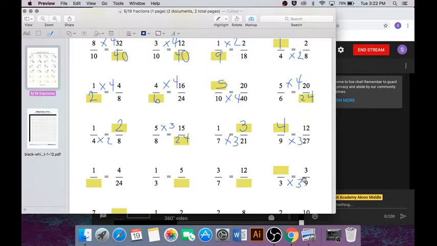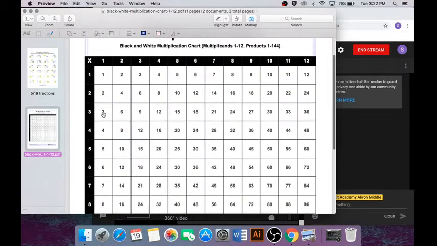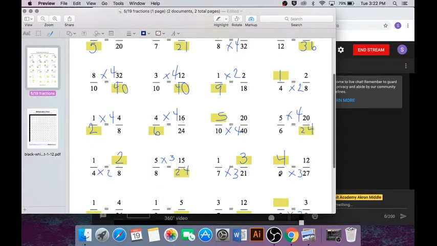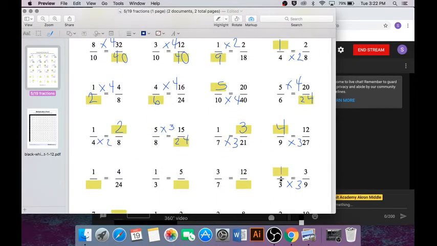Okay, so now we're going to use our 3 times table to see 3 times what is 3. So 3 times table, and here's 3, so 3 times 1 is 3. So 3 times 3 is 9, and 1 times 3 is 3.